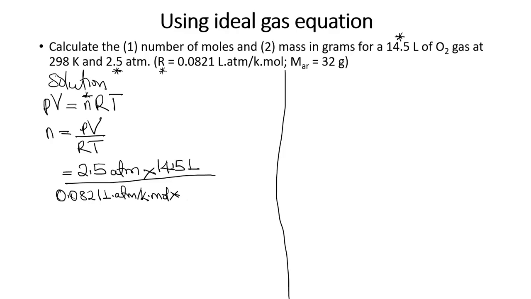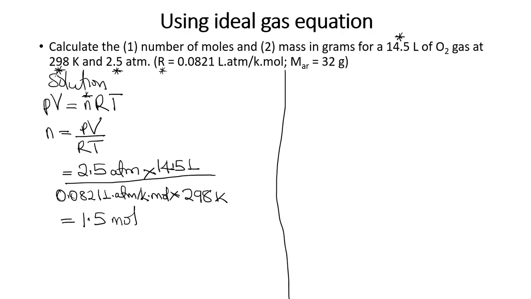What about temperature? Temperature is given here, 298 Kelvin. And what is the number of moles that we are calculating here? The number of moles to two significant figures is 1.5 mole.